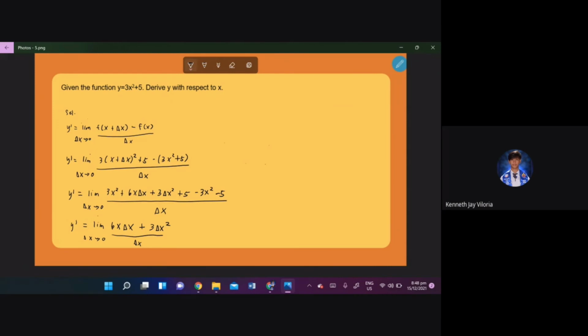Since the change in x is common in our numerator, we can factor it out.